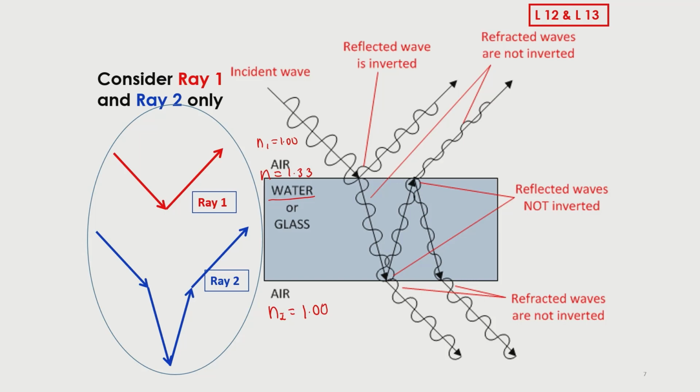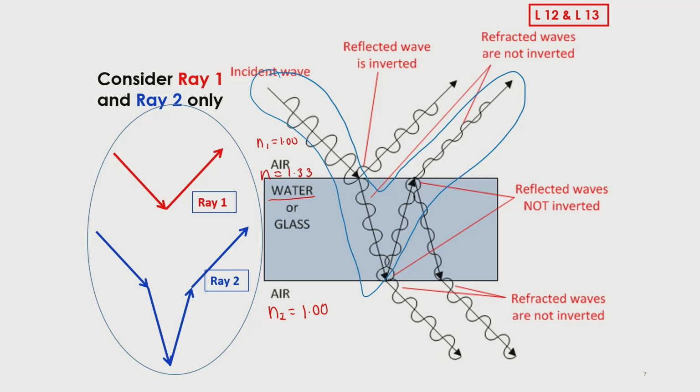Now let's look at ray 2. So this is ray 2. Does ray 2 undergo phase change or not? Ray 2 does not undergo phase change because it reflects from a boundary at which the index of refraction decreases.